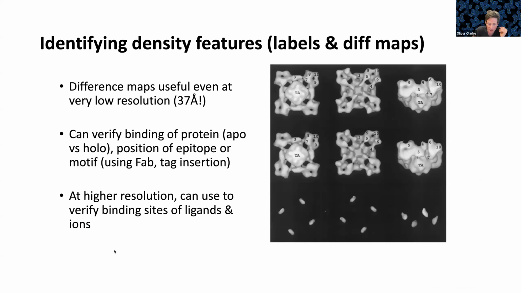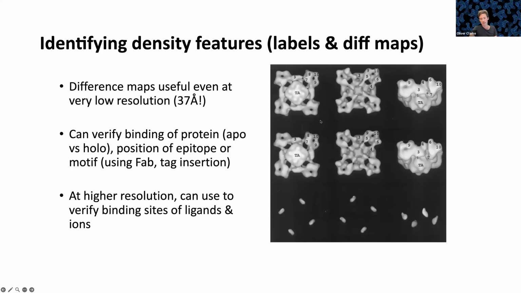So just thinking about compositional heterogeneity and how to validate the presence of additional subunits or additional binding partners. One of the things I want to point to here is that difference maps, real space difference maps, can be super useful even at very low resolution.